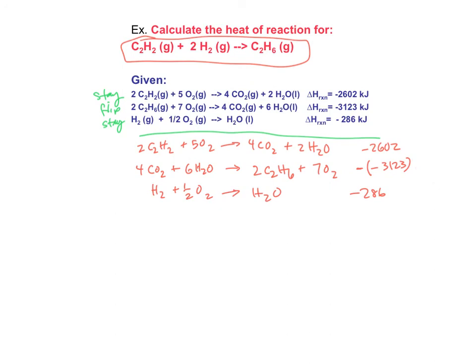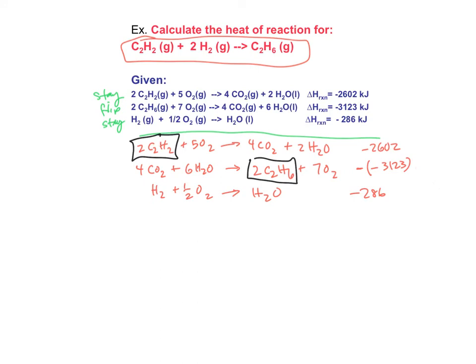So here's the strategy. If we added these together, we would have 2 C2H2s and 2 C2H6s. So to keep the proportions the same, 1 to 2 to 1, the question is what coefficient do we need right here for the hydrogen?